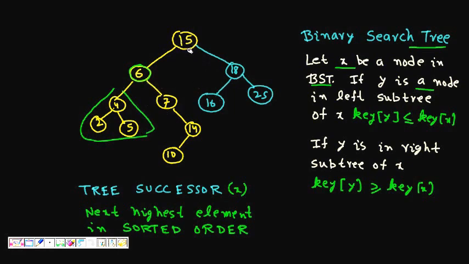If we have 15 here, anything on the right of this should be greater than 15. So 16, 18, 25 are all greater than or equal to 15. So this is a small definition of a binary search tree.